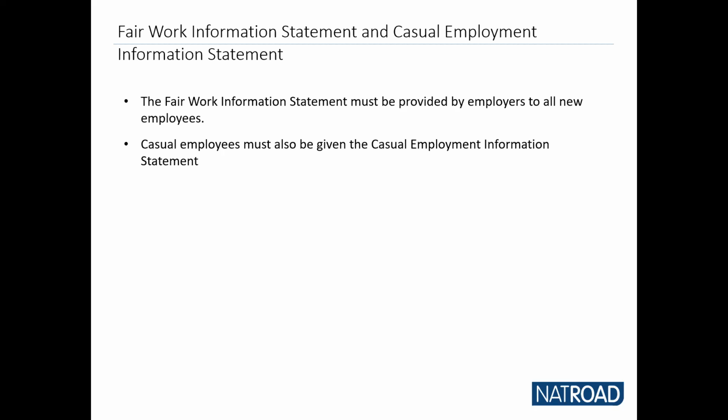So when you're onboarding an employee, you should be providing them with this statement. For casual employees, they get an extra statement. They get the Casual Employment Information Statement as well. And this provides them with general information about the industrial relations system, the awards, how they're being paid, and a few other pieces of information that are relevant to their employment.